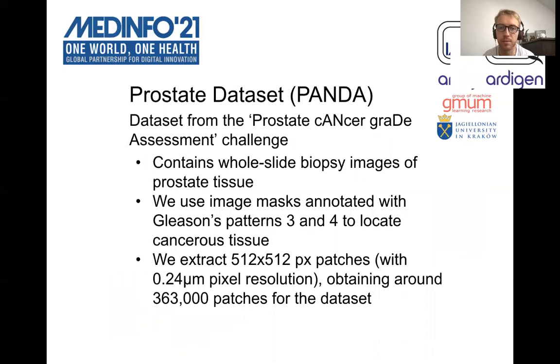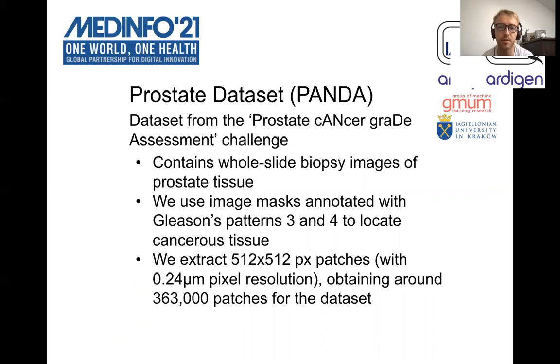To assess our framework, we use a dataset from the Panda Challenge. It contains whole slide images of prostate biopsies. We used masks annotated with Gleason's patterns 3 and 4, and we extract patches of size 512 by 512 pixels.